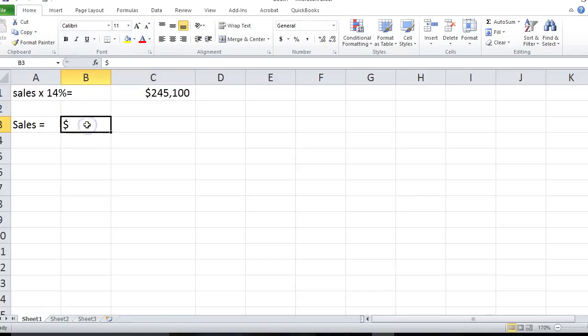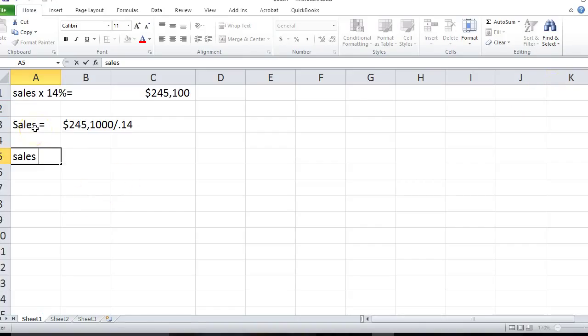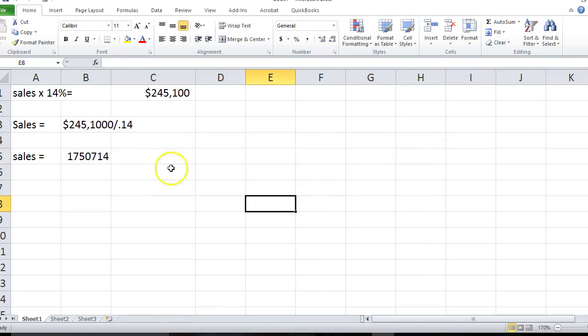So sales can equal 245,100 divided by 14%. Sales, oopsie, equal, oh, come on, let me figure. Sales is at 100%. I need to divide it by 1.14.